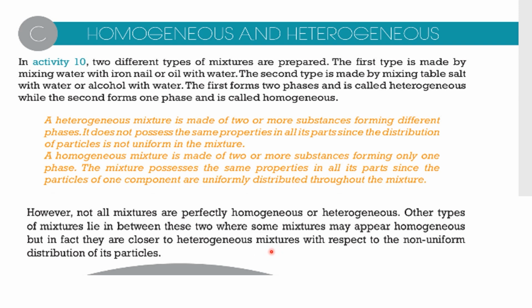For example, if we have fresh orange juice, it may appear homogeneous, but in fact this orange juice is heterogeneous. So some mixtures may appear homogeneous, but in fact they are closer to heterogeneous mixtures with respect to the non-uniform distribution of their particles.